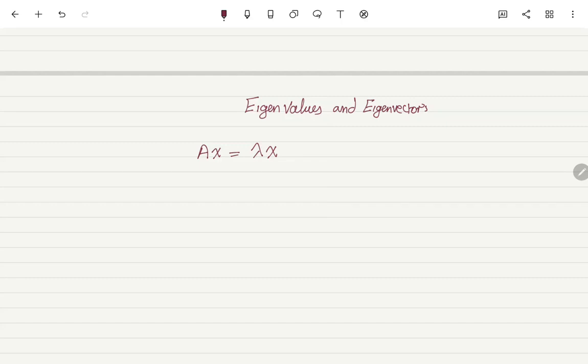Lambda is a numerical constant known as the eigenvalue, and x is a column vector known as the eigenvector. So x here is defined as the eigenvector. Lambda here is the eigenvalue, and A here is the n by n matrix.